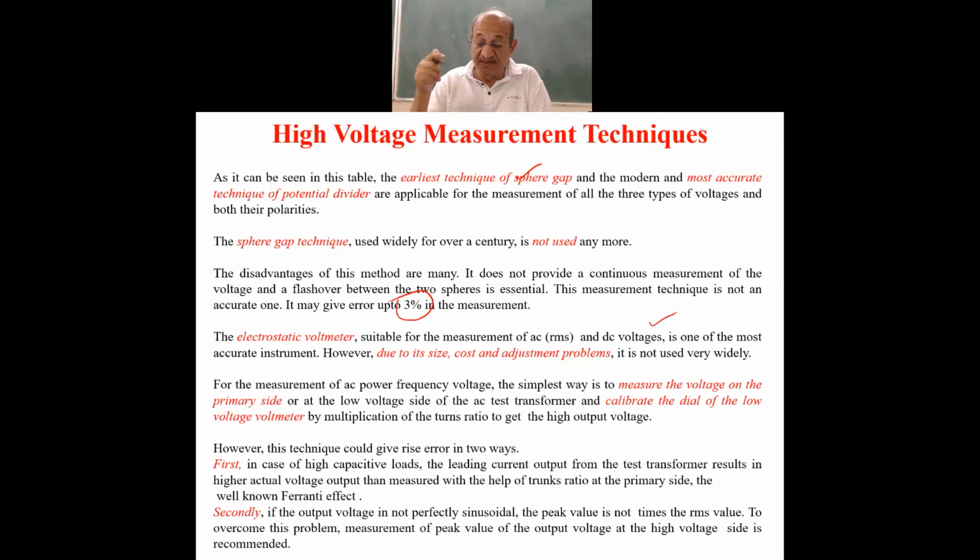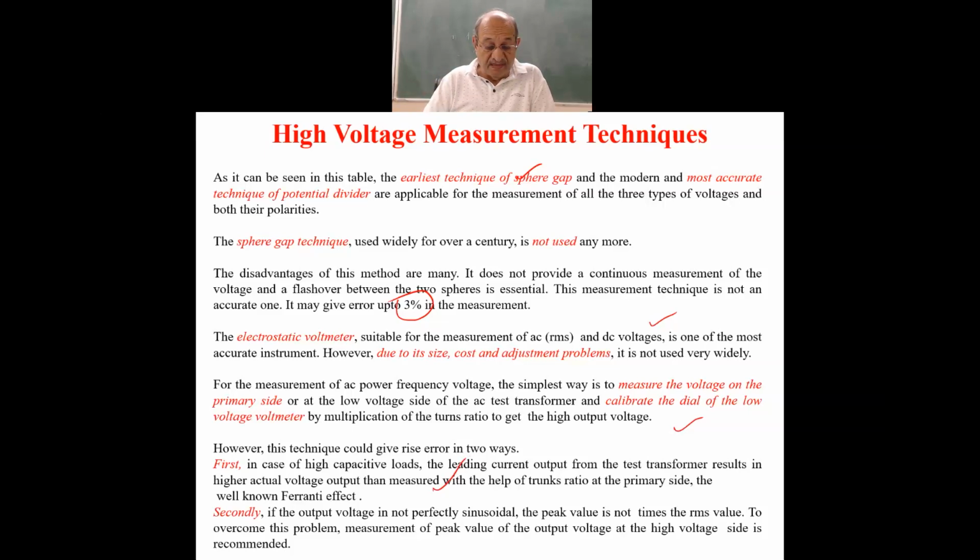The primary side measurement we have also talked about is not done in the transformer, because we discussed the penalty, effect and everything in detail. The techniques could give rise to error in two ways. We have discussed the high capacitive load, the Ferranti effect, and all that. This we have also finished.